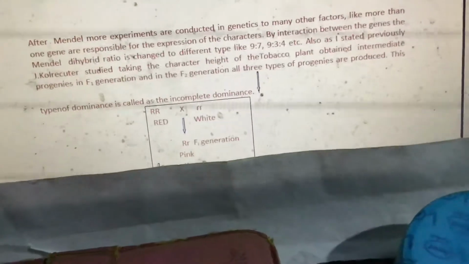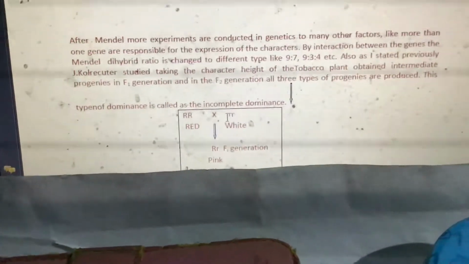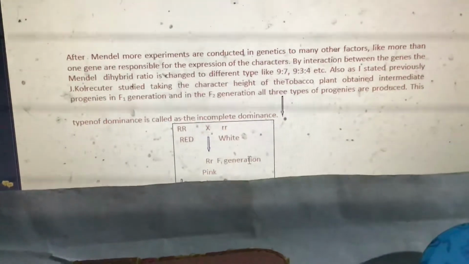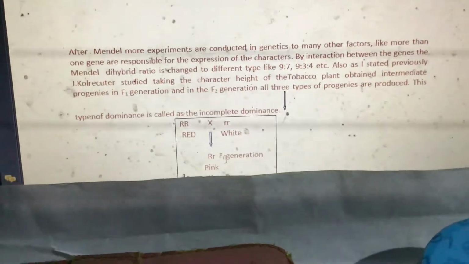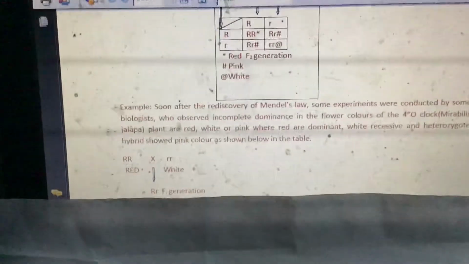Here RR is the red flower bearing plant, and rr is the white flower bearing plant. In the F1 generation, the pink plant is produced.